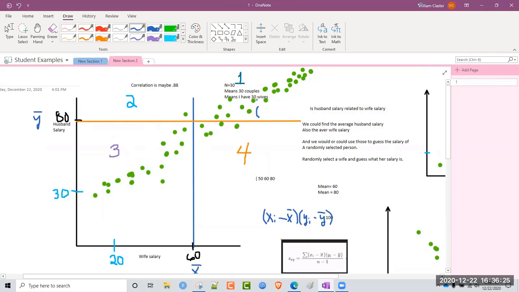I could take this dot here and ask, what's its x coordinate? Let's say 70. And its y coordinate? Let's say 90.